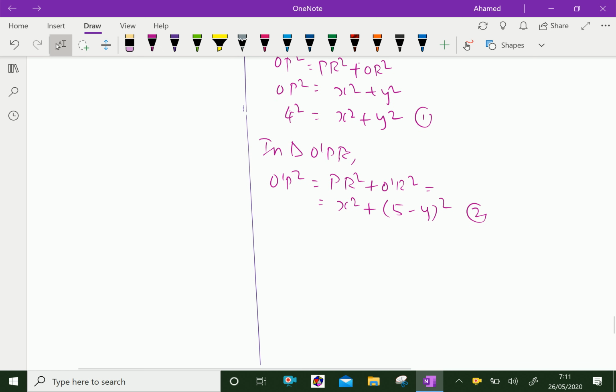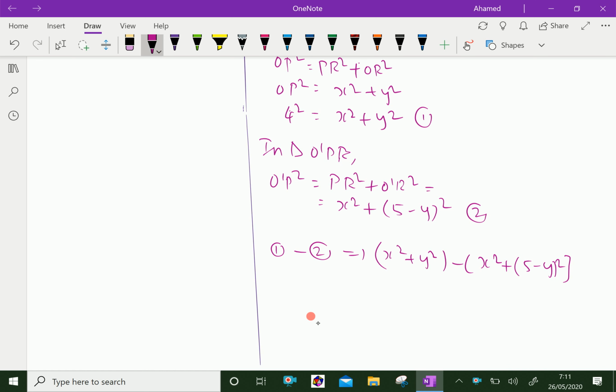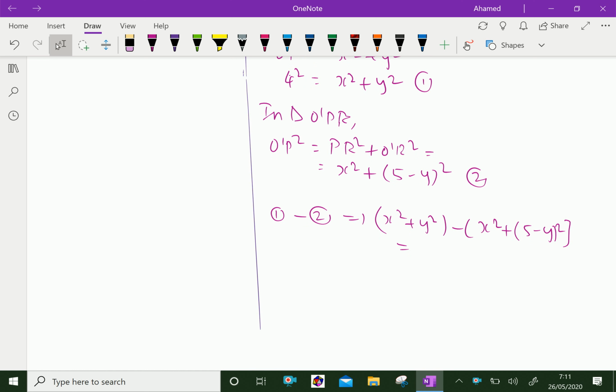Now equation 1 minus 2 gives x squared plus y squared minus x squared plus 5 minus y squared equals 16 minus 9. 4 square is 16, 3 square is 9.